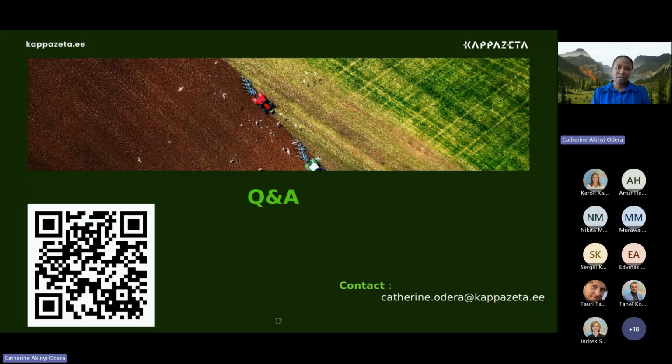Using other indices that are capable of detecting the presence of crop residue is the way to go, like NDTI and NDI7. So I think incorporating that will help us to fine-tune the models for Estonia and Denmark as well. Does that answer your question?